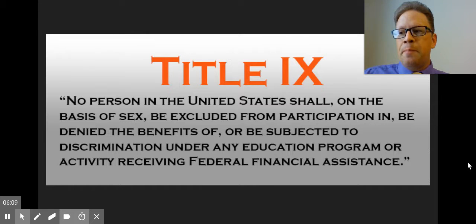Title IX declared that no person on the basis of sex could be excluded from participation in any education programs or activities receiving federal financial aid. So if boys get a certain amount of spending of education money, females also get an equal amount of spending.